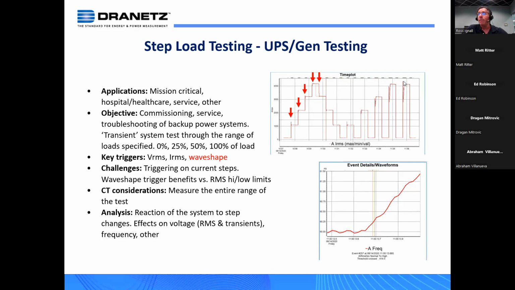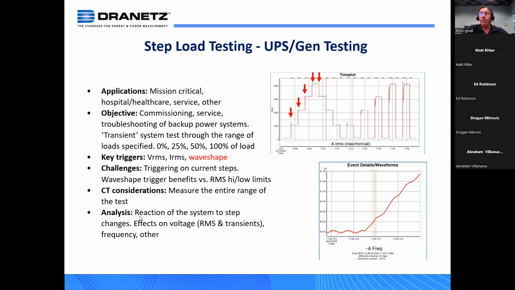You want to be able to capture this, and usually you can, certainly with the Flex CTs, a short duration with a reasonable crest factor. So you have to be considerate of your RMS limit high and make sure that your overshoots and transient currents will be able to be measured by that CT.